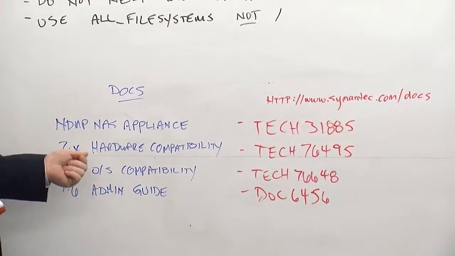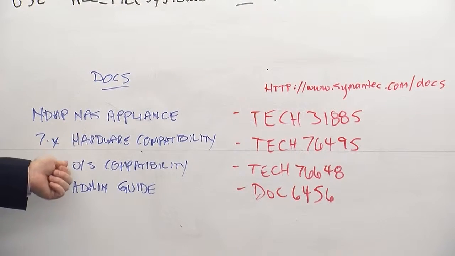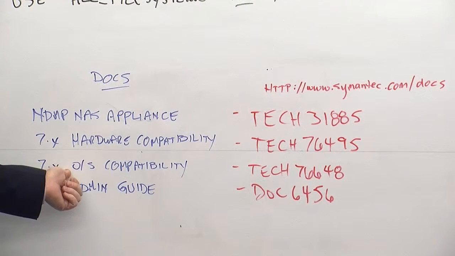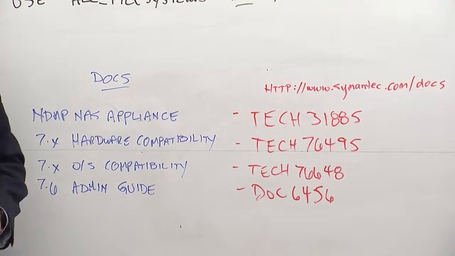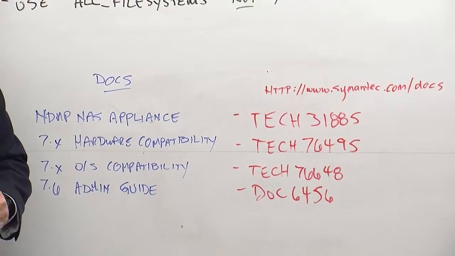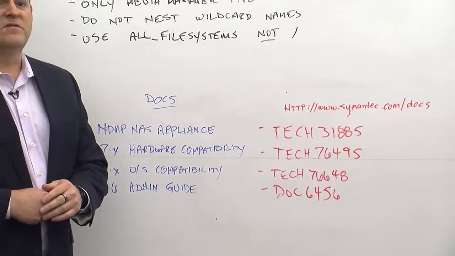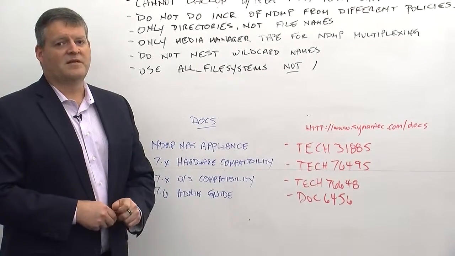You'll find NAS appliance definitions, the HCL, the operating system compatibility list, and an admin guide. It has several of these tips and tricks listed in it, but we thought we'd shorten it down and give you a few bullet points out of the manual so that you can use them as you go forward protecting NDMP.